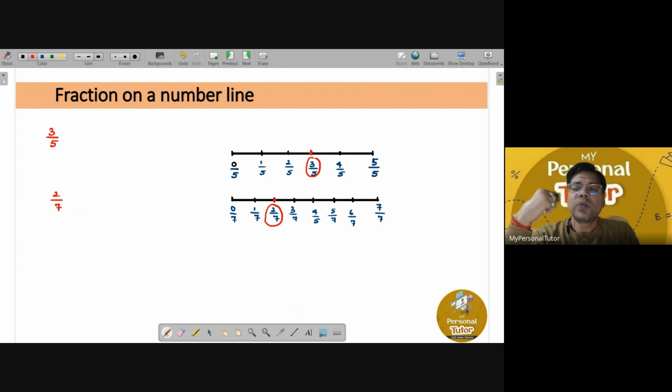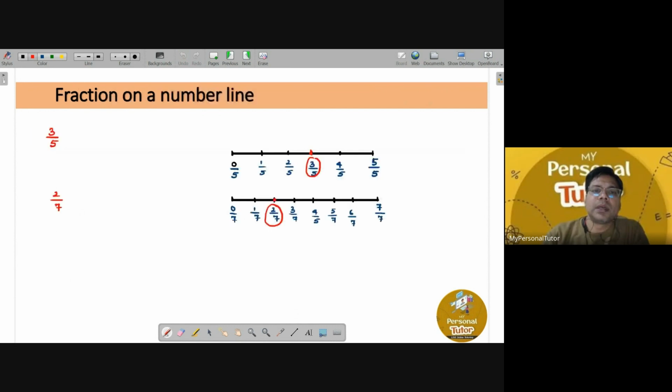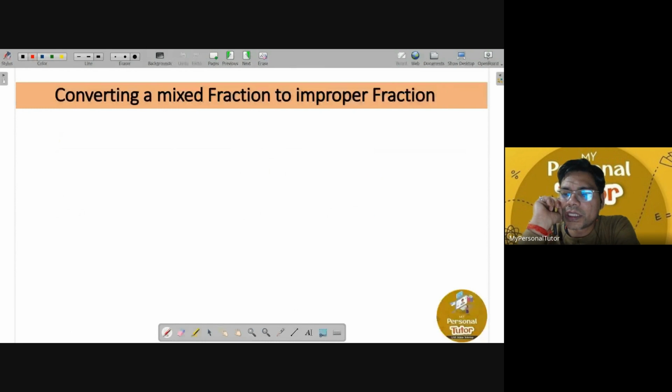Okay. So what we will do here, this we will revisit once again. But before that, we have to learn one important concept. What is that important concept? Whenever we have a mixed fraction, right? We already know the mixed fractions. It consists of an integer and a proper fraction.